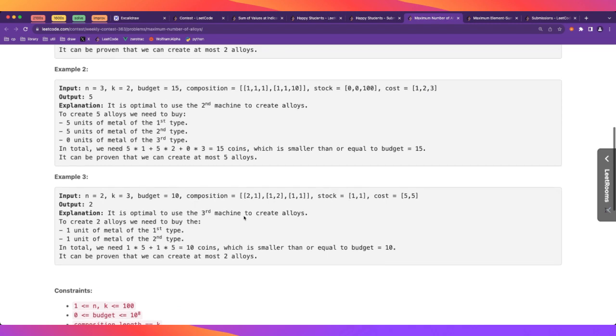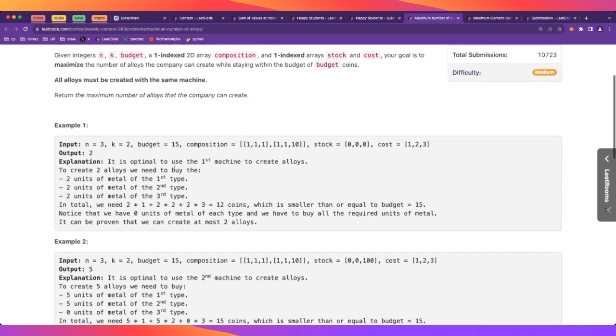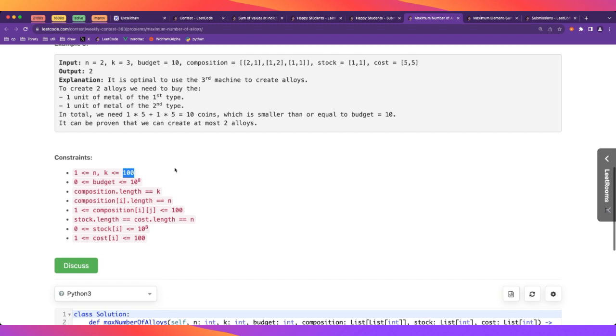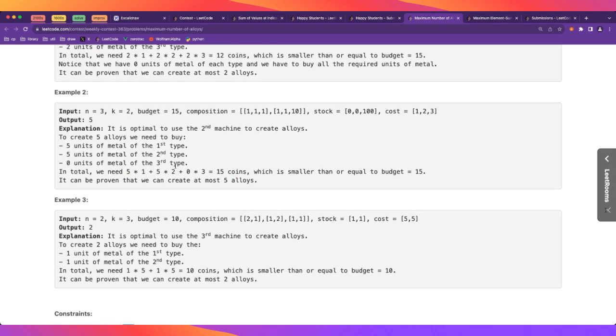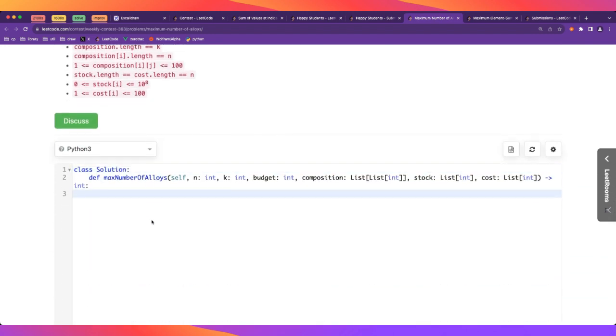Okay, so it's a little long. The numbers are not big in terms of the sizes, so it's up to 100. But first of all, there are only 100 machines, so we can try each of them and get the one that gets the maximum, right? So we can go over the compositions that are given.